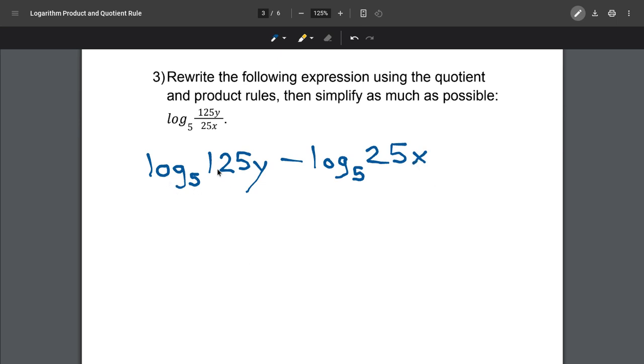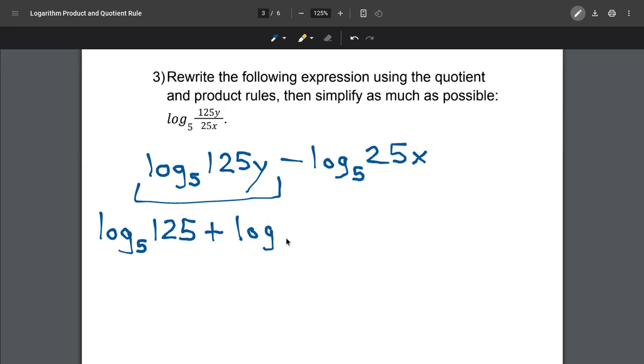Okay, so now I can break this up using the product rule. So I can rewrite this as log base 5 of 125 plus log base 5 of y minus, in parentheses here, log.